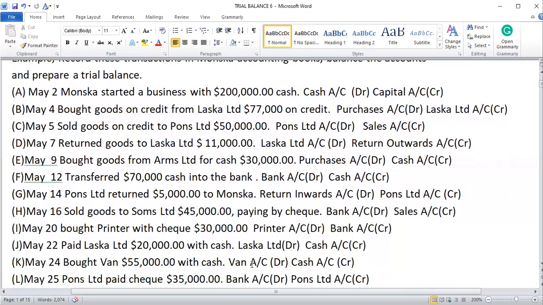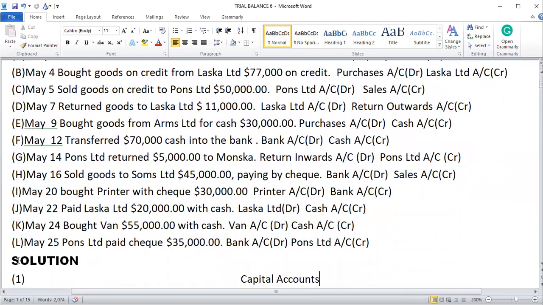The van account is receiving the asset, so it should be debited. The cash account is giving out the cash, so it should be credited. And lastly, May 25th, Ponds Limited paid by check, $35,000. So the bank account should be debited, and Ponds Limited account, giving out the cash, should be credited.